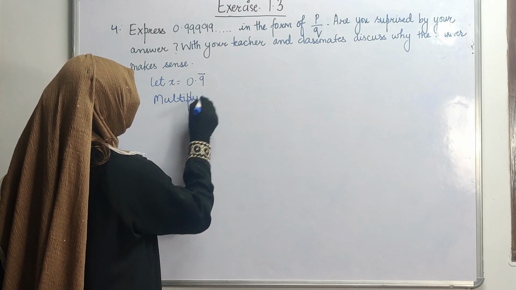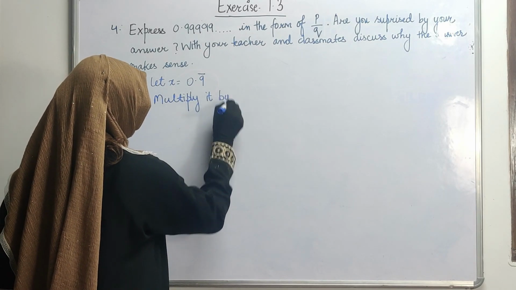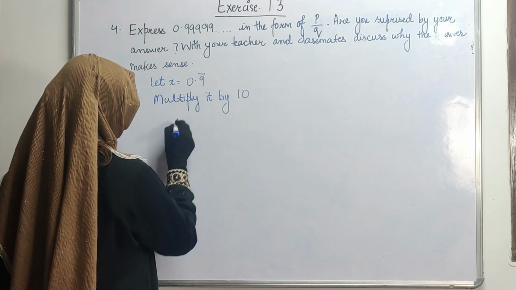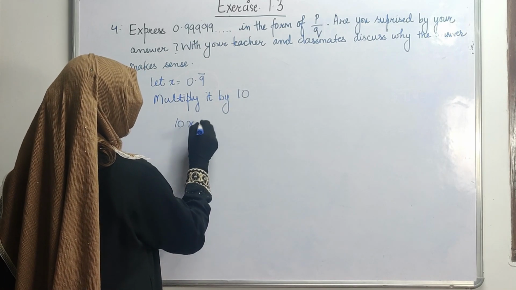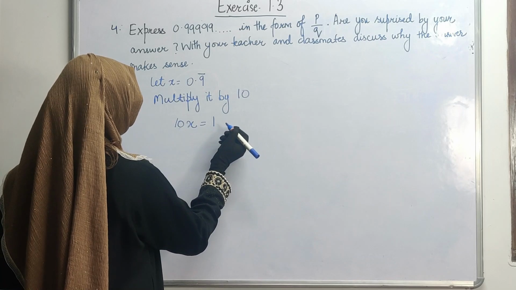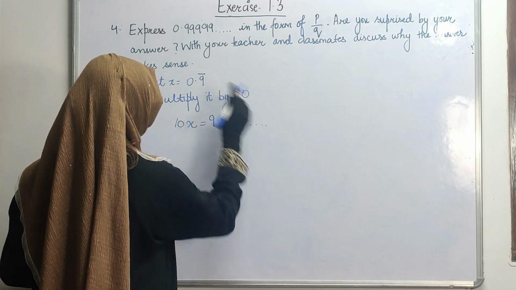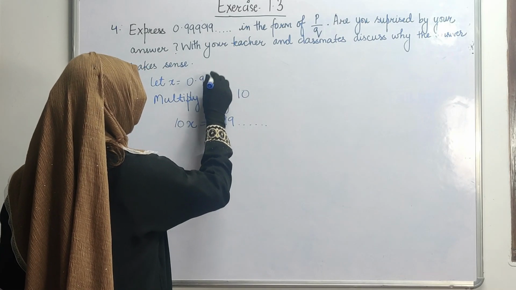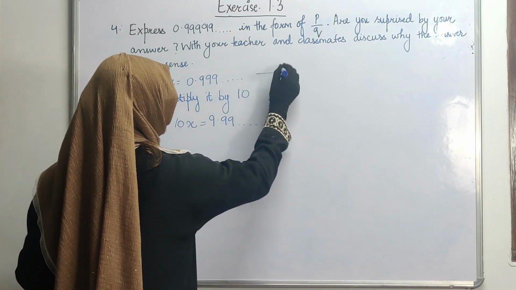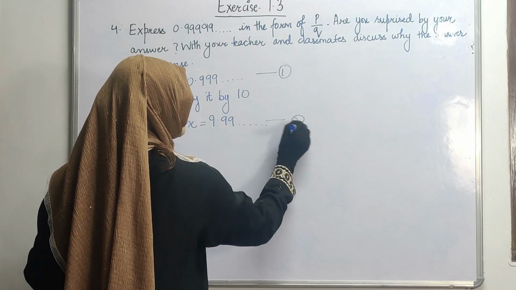Multiply it by 10. What will be the answer? 10x is equals to 9.99 and so on. This is equation 1 and this is equation 2.